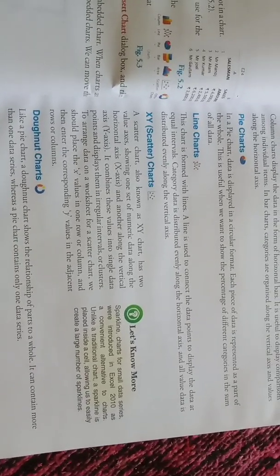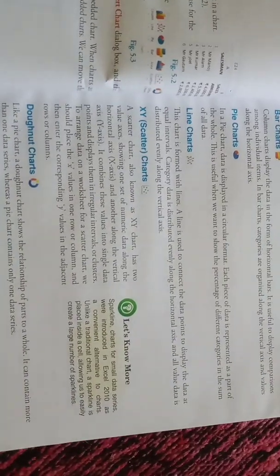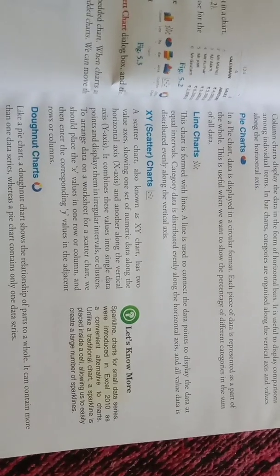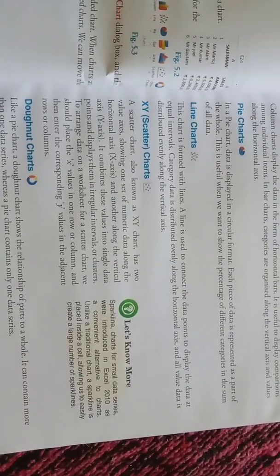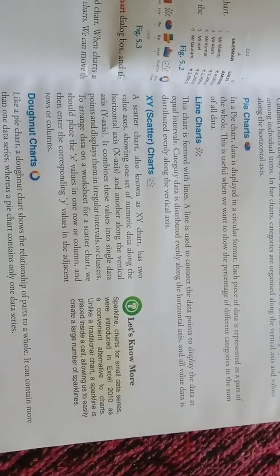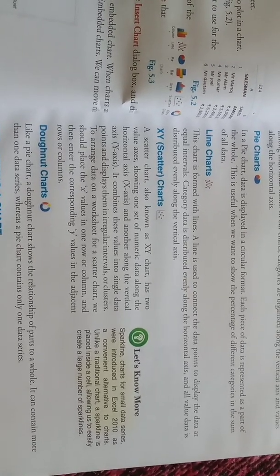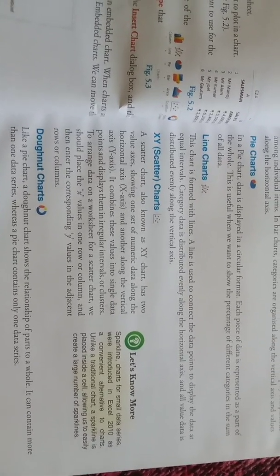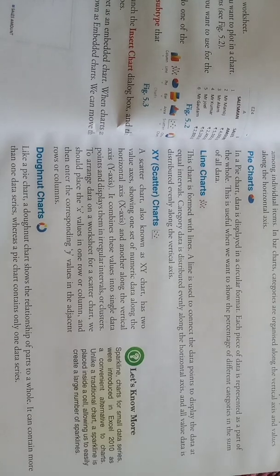A donut chart shows the relationship of parts to a whole. It can contain more than one data series, whereas a pie chart can contain only one data series. So this is the difference between a pie chart and a donut chart.